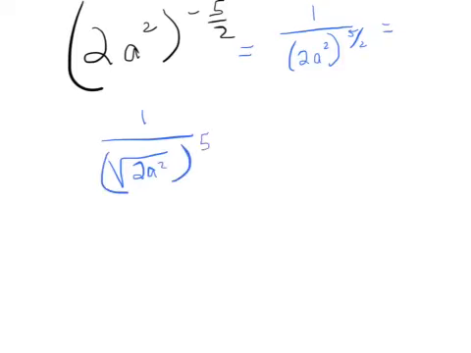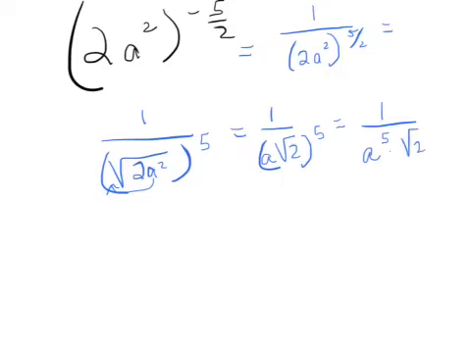What a mess. Let's take the square root of a squared. So we're going to have 1 over a radical 2 to the 5th power. So that's going to give me 1 over a to the 5th times radical 2 to the 5th.